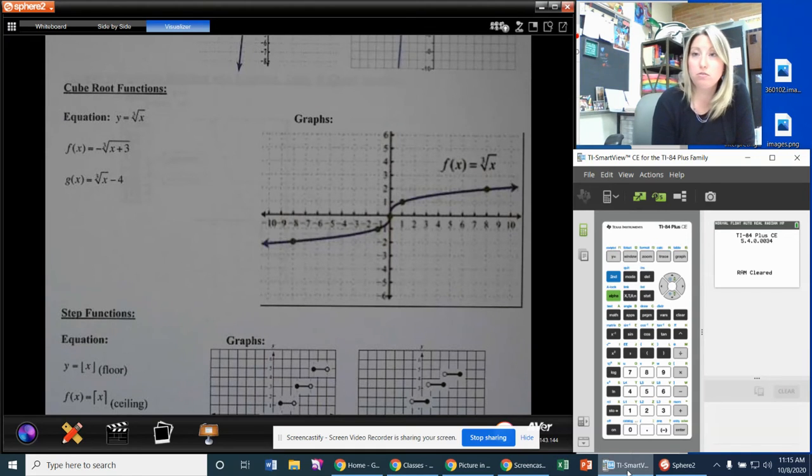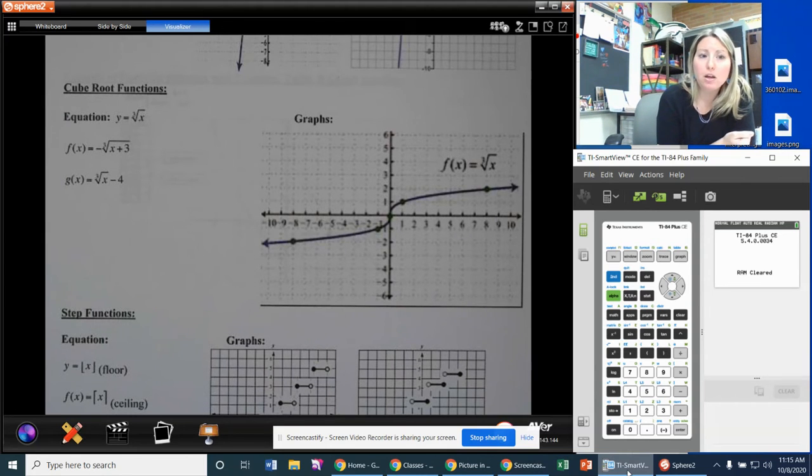You do not have to do this on your own. When you get to Algebra 2, you'll do more in depth on cube root functions and cube root relations, because some of them are functions, some of them are not, and you'll see that in Algebra 2. But you don't have to worry about it right now, other than being able to look at it and say, oh, look, that's a sideways snake. So that's a cube root function right there.